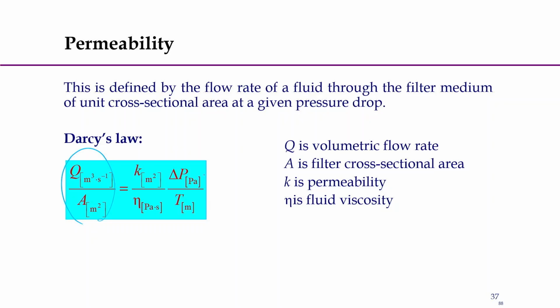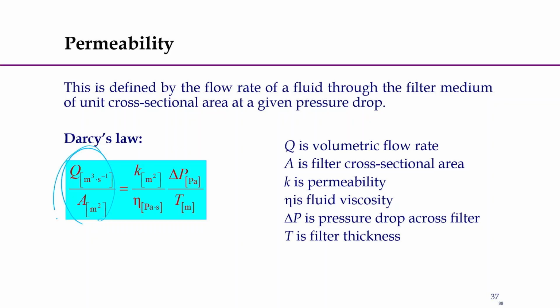Delta P is the pressure drop across the filter. Now, T is the filter thickness. Now, try to see this is the speed, the quantity of air passing through per second per unit area. Any fluid, not only air, is proportional to the permeability.